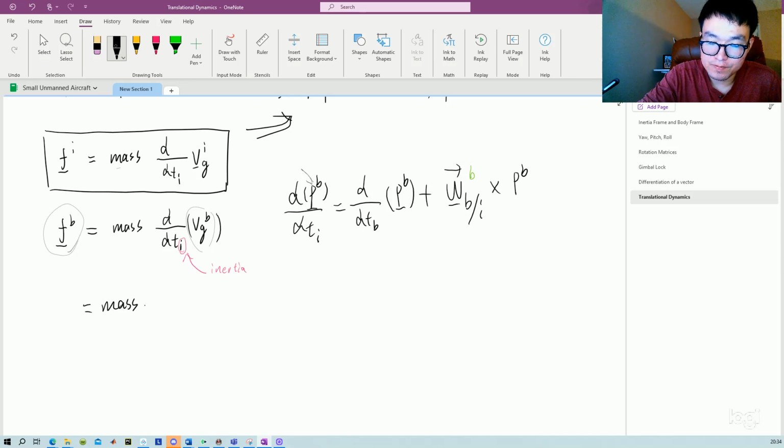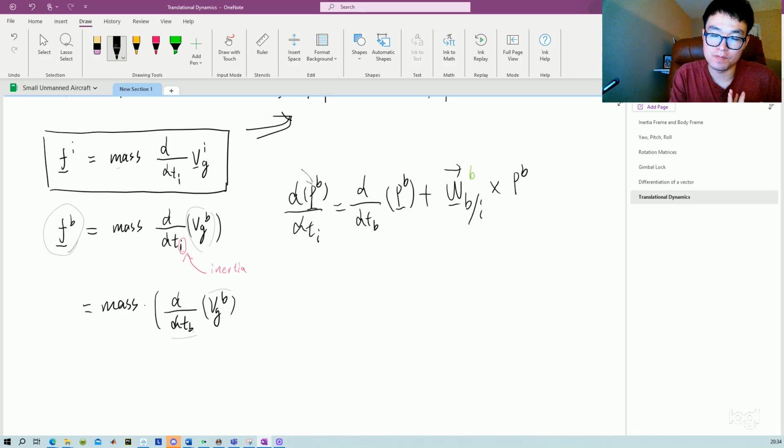And then that will equal the derivative where the observer is now inside the body frame, where the velocity vector is also expressed in the body frame. So there is no relative motion of the velocity vector.